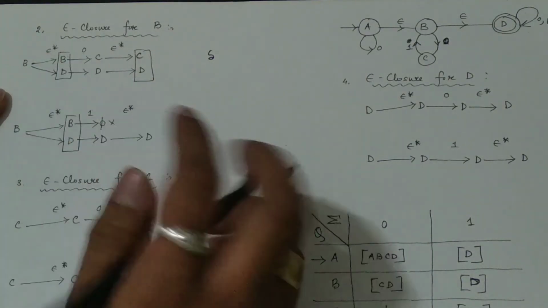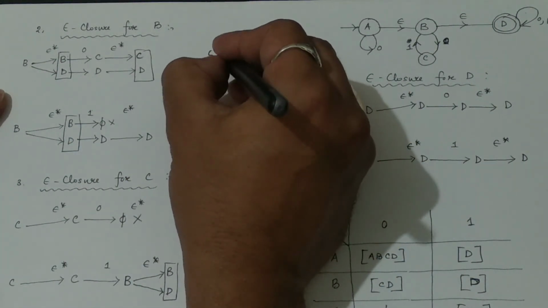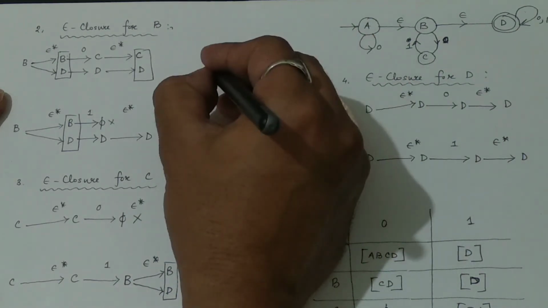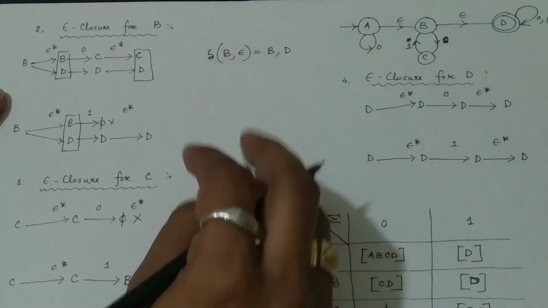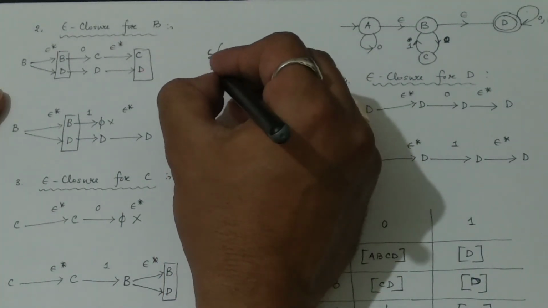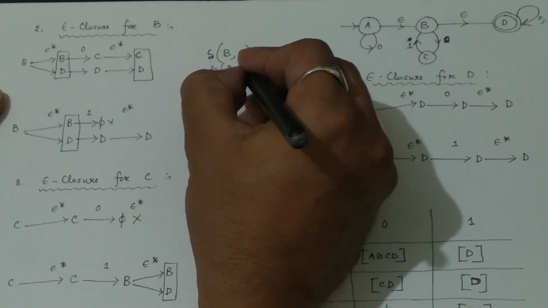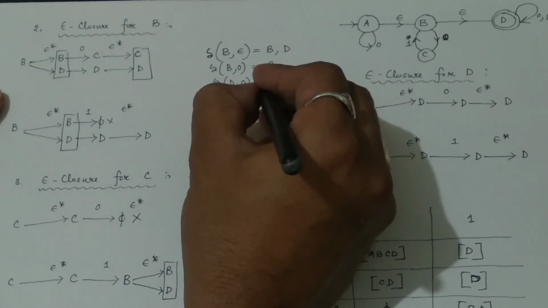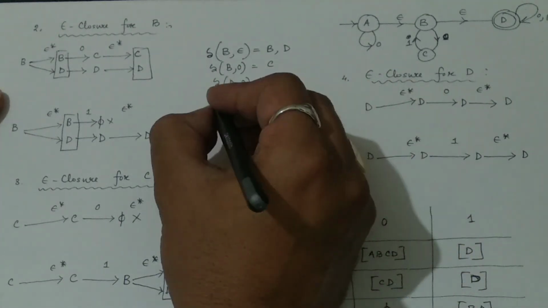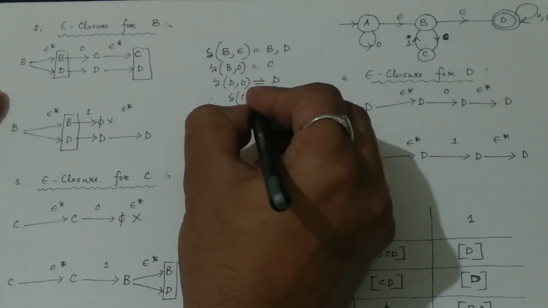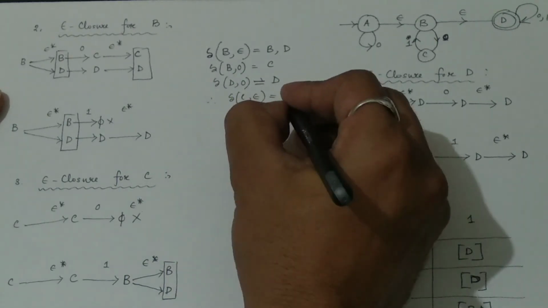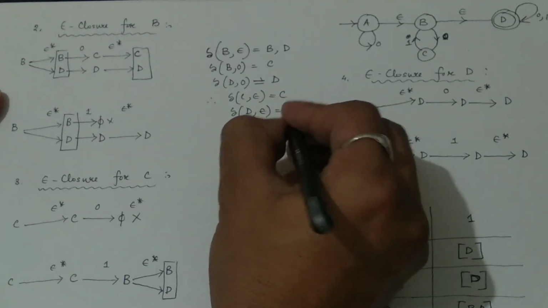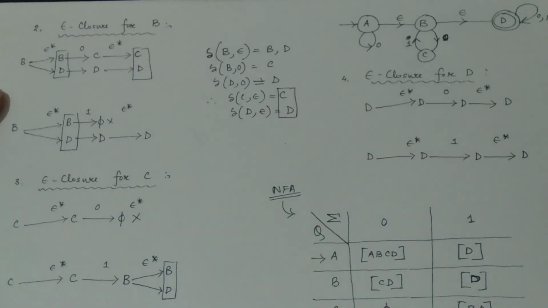The transition function of B on epsilon goes to B and D. Similarly, the transition function of B on 0 goes to C. The transition function of D on 0 goes to D. The transition function of C on epsilon is C only, and of D on epsilon is D. So this will be the final state.